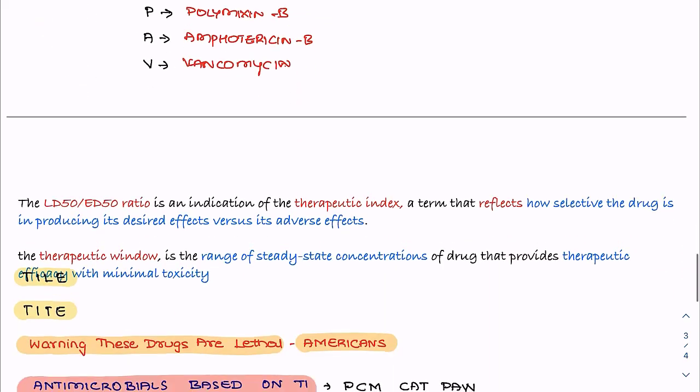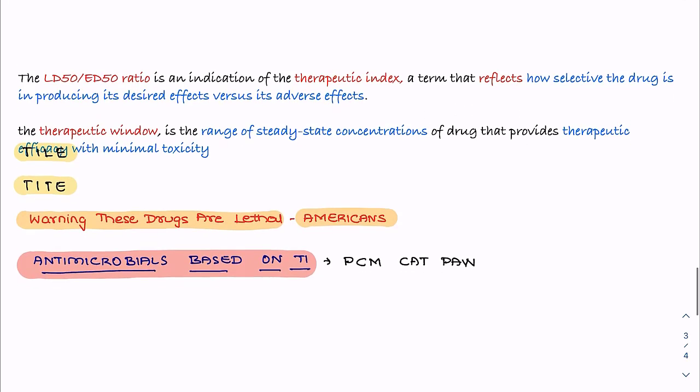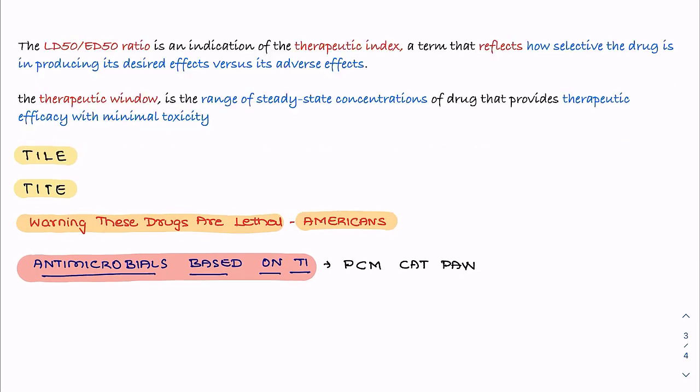Just to recapitulate and revise: what was the therapeutic index? Therapeutic index is represented as LD50 by ED50. Okay. Next, coming to the summary: what does therapeutic index tell you?